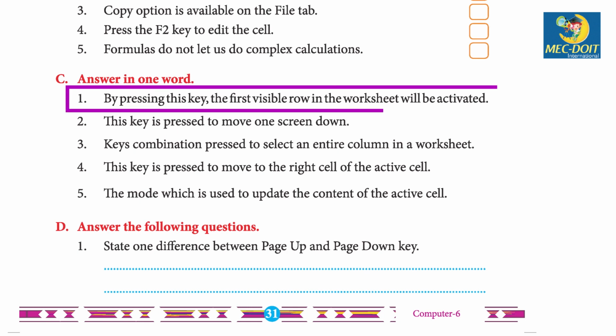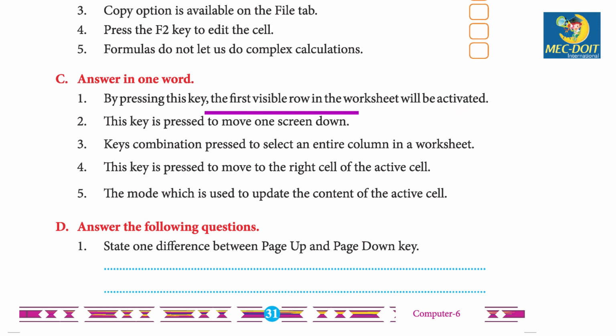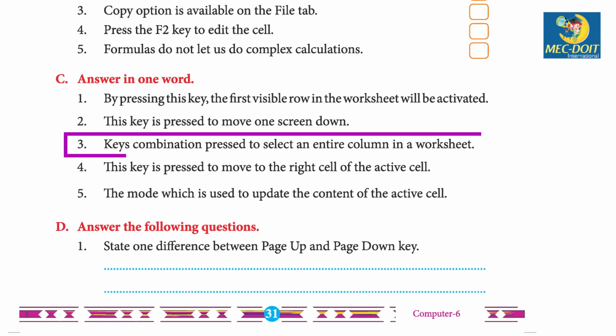C. Answer in one word. 1. By pressing this key, the first visible row in the worksheet will be activated. Answer: Home. 2. This key is pressed to move one screen down. Answer: Alt plus Enter key. 3. Key combination pressed to select an entire column in a worksheet.